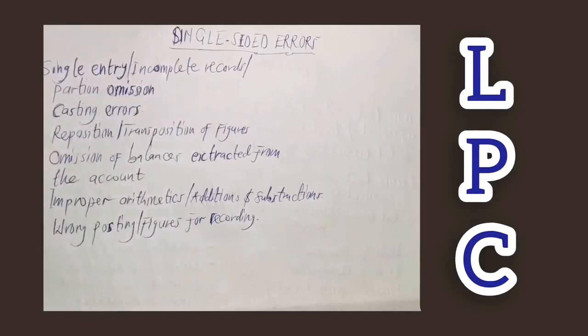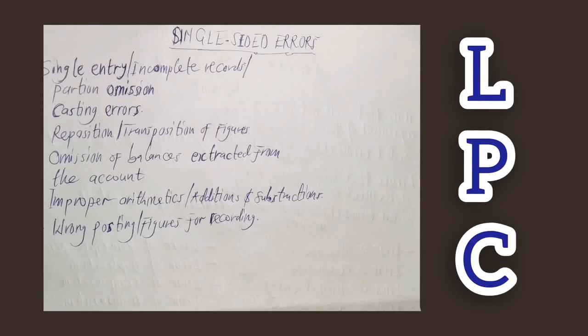Single entry here means entries that are made just once, only one posting, let's say the debit or the credit, but they do not complete the double entry rule. Anytime the double entry rule falls short by one, then we say that such an entry is called a single entry.